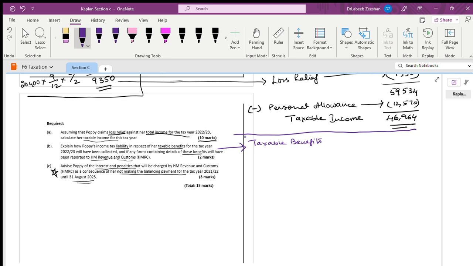If that is the case, the taxable benefits related to income will become under which category? It will become under PAYE.